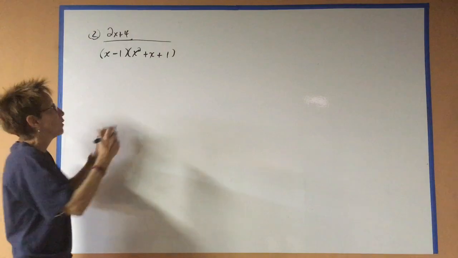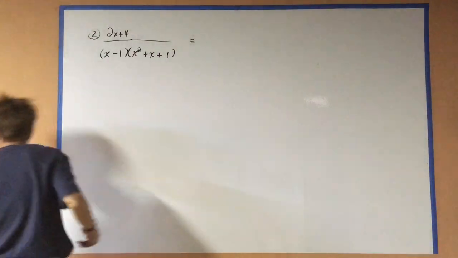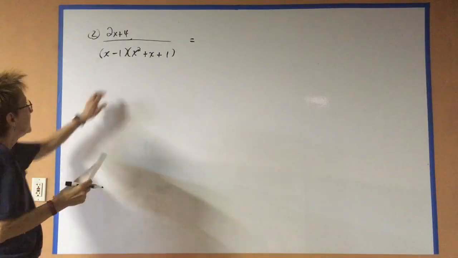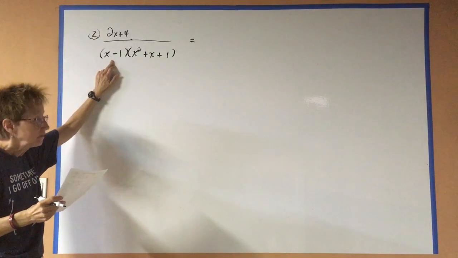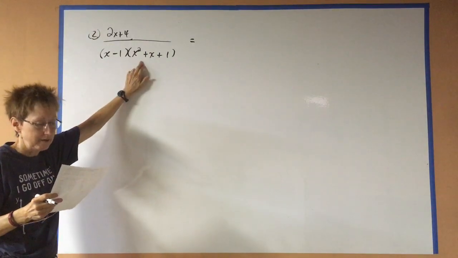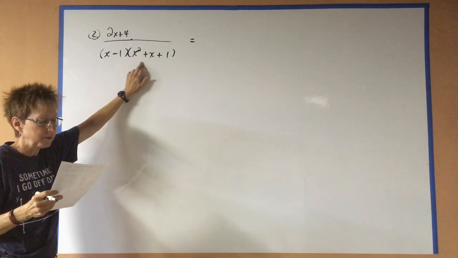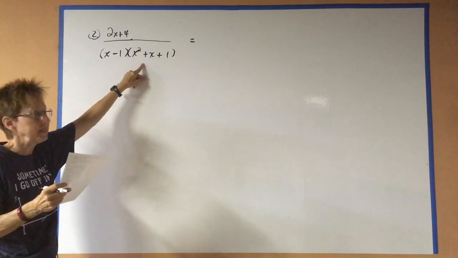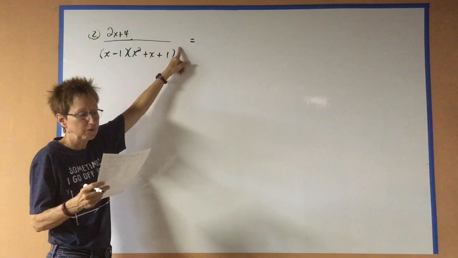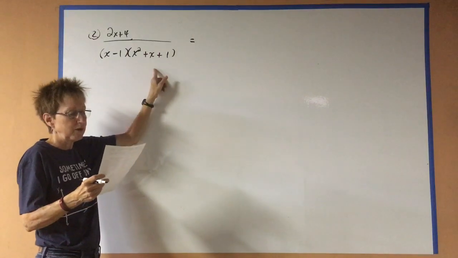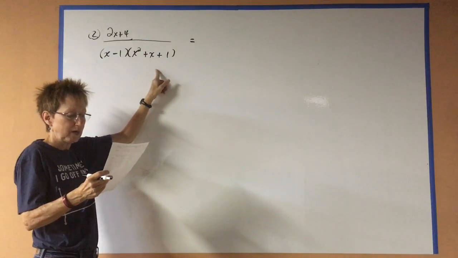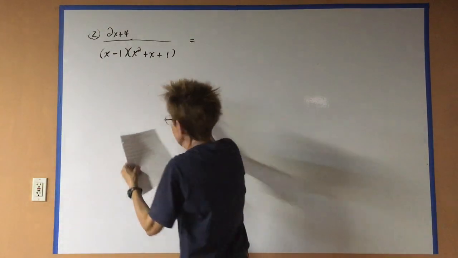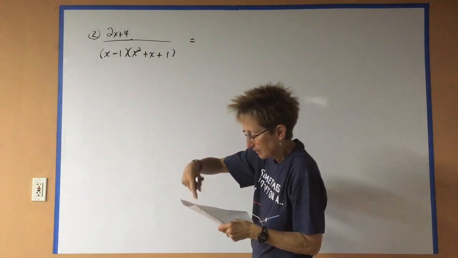So now which formula is this? When I look at this list, this is linear. This is quadratic. So I see the third one, non-repeated quadratic factor. This is not repeated. There's no power other than 1 over here. So I'm going to rewrite this using formula 3.